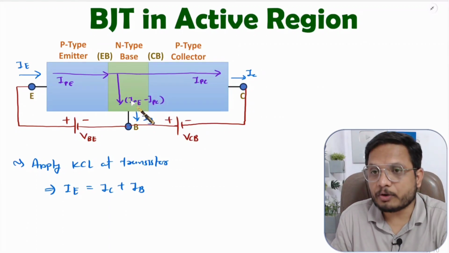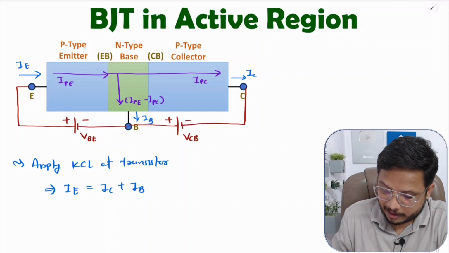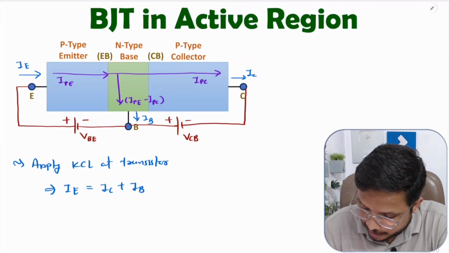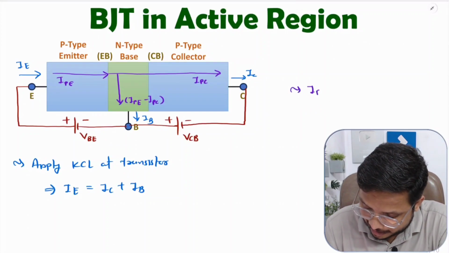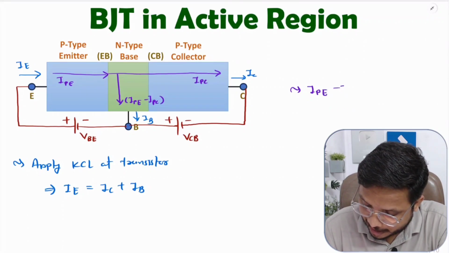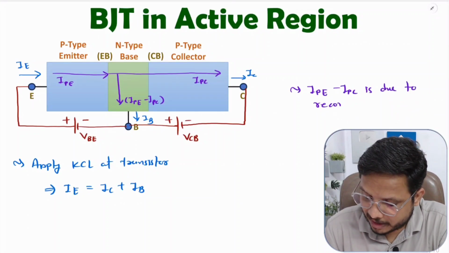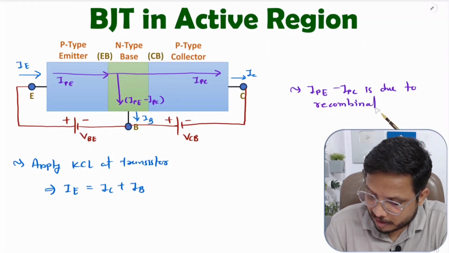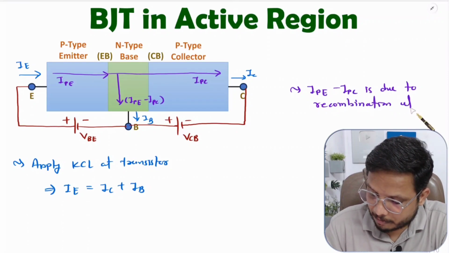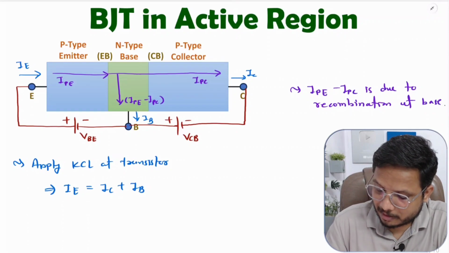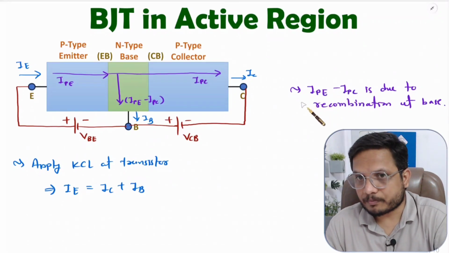Let me note it down: IPE minus IPC is due to recombination at base. This is happening at the base.